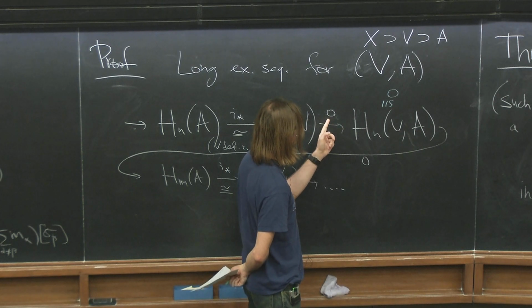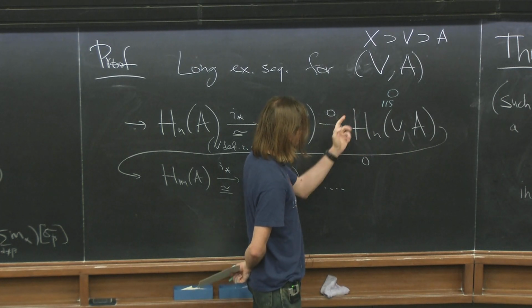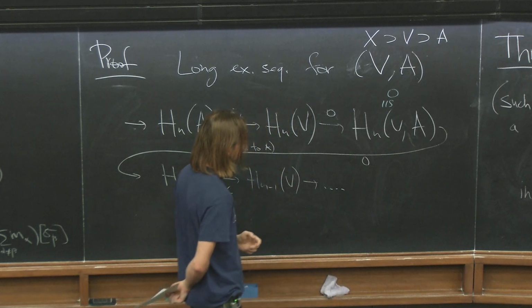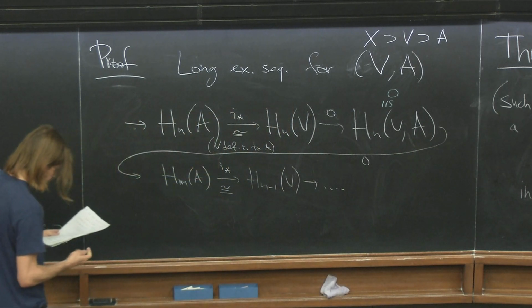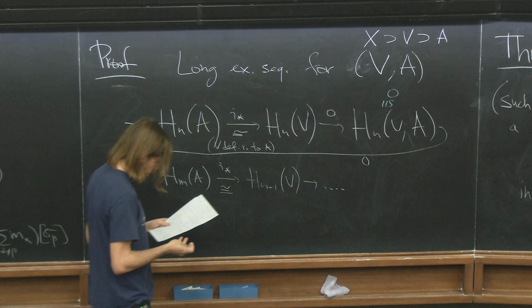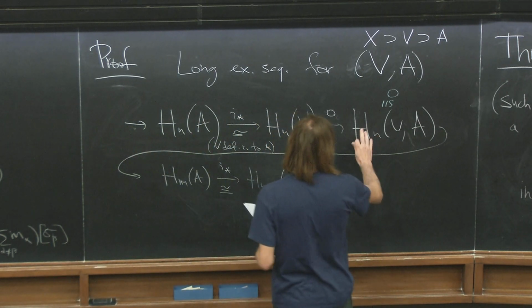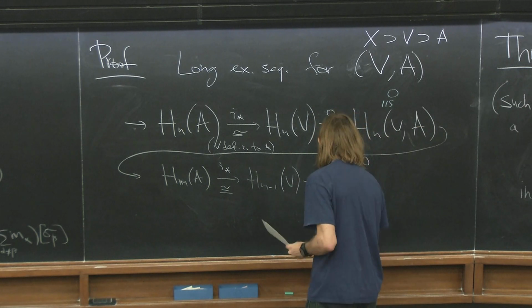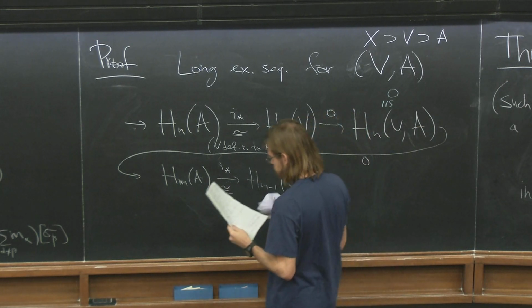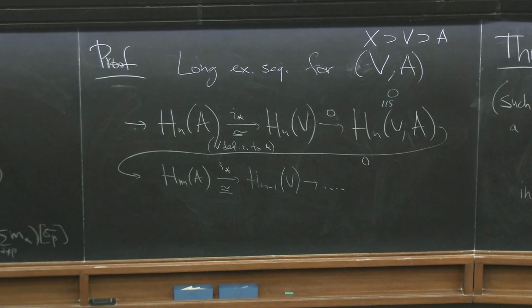The previous map is trivial, so we conclude the whole space is trivial. Okay, good. So now we learned that these relative homology groups of V, A are trivial, so we keep it in mind.